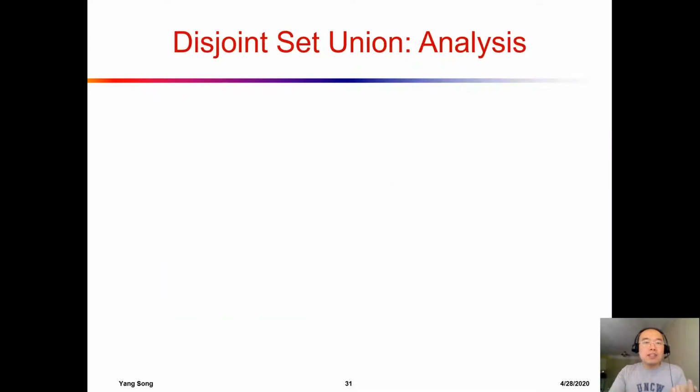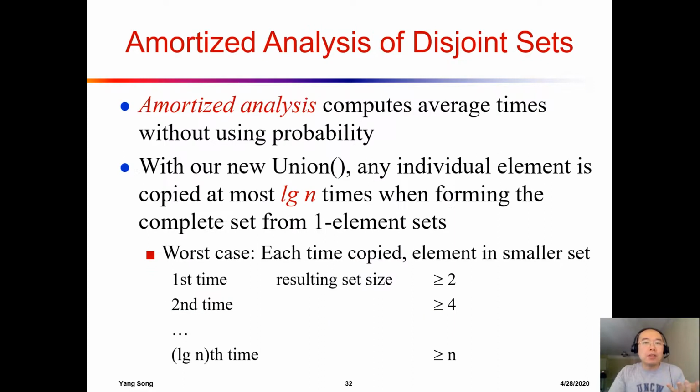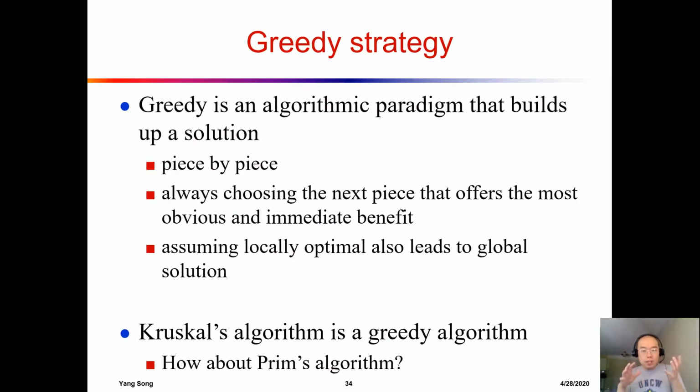So this is the really cool thing about the greedy algorithm. We don't have a vision of the global picture at all. We're just taking the local best choices step by step, and when we put all the local best choices together, we have a global optimal solution. So the point is, the Kruskal algorithm is a greedy algorithm.